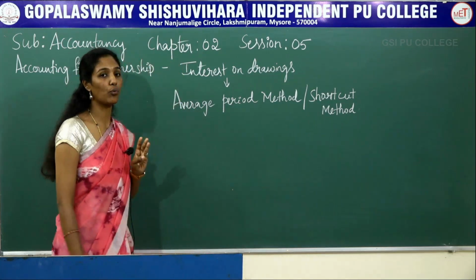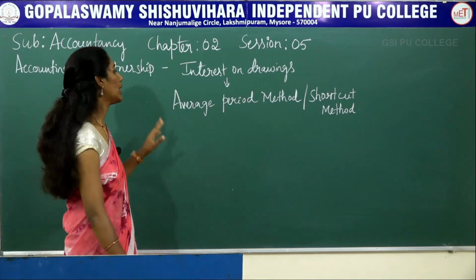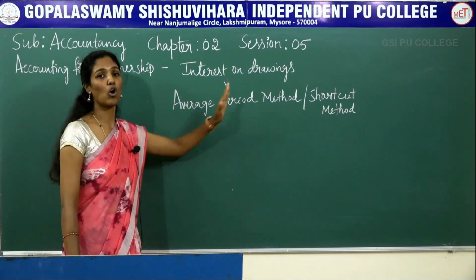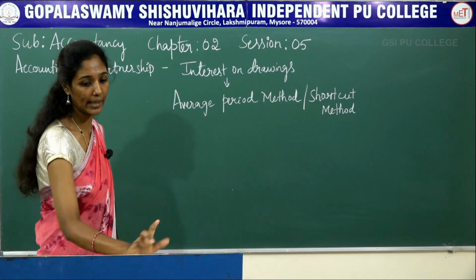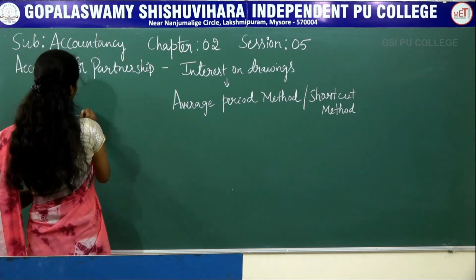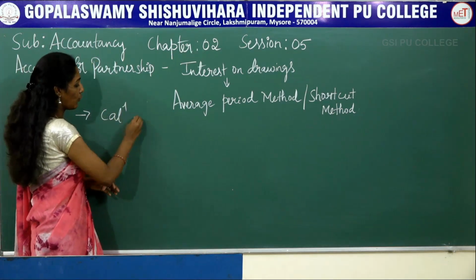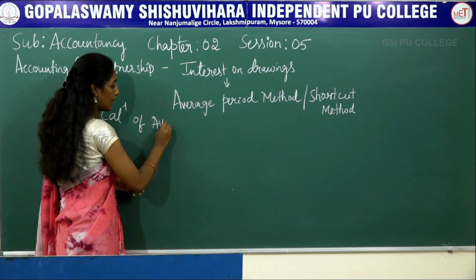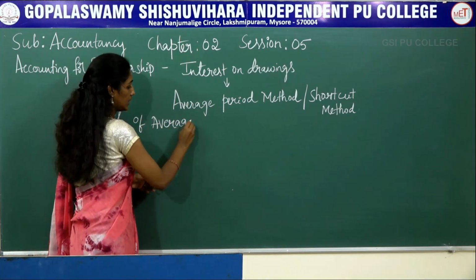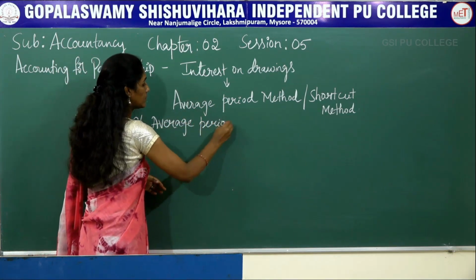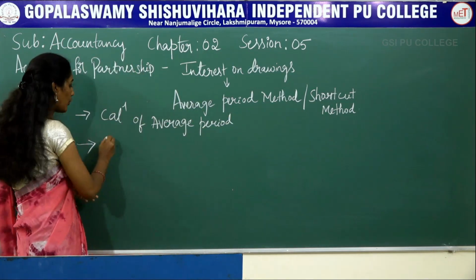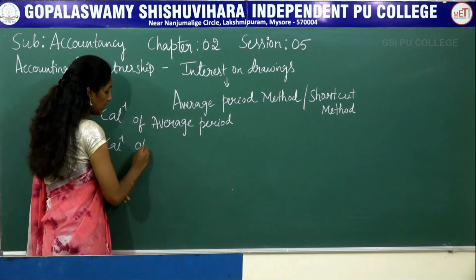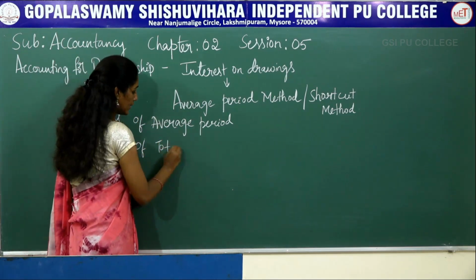Here you need to follow 3 steps for calculating interest on drawings under the average period method. The first one is calculation of average period. The second, you have to find out the total drawings.